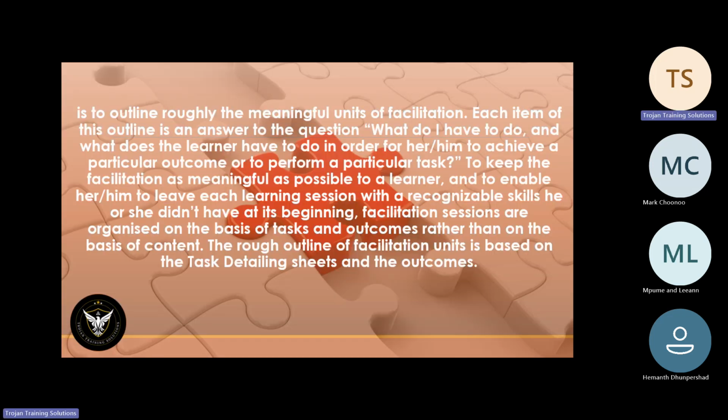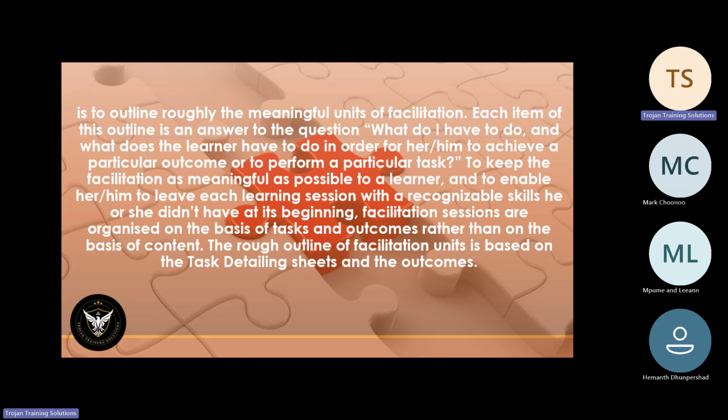First step is to outline roughly the meaningful units of facilitation. Each item of this outline is an answer to the question, what do I have to do? And what does the learner have to do in order for her or him to achieve particular outcomes or to perform a particular task?